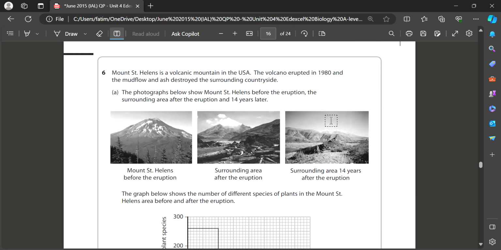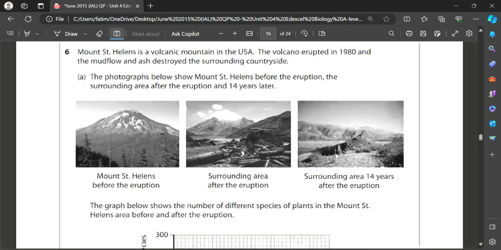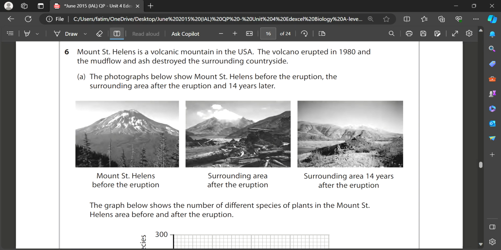Question 6, we're done with this question again, and we're moving over to question 6. This is about a volcano, definitely about succession, just by looking at it, because you can see over here this was a climax community, and there was an eruption, and then it became bare rock, and then you can see some shrubs, something else growing on it still.